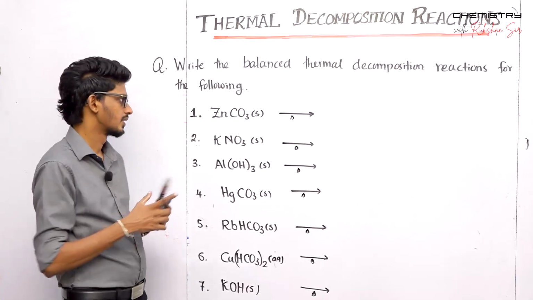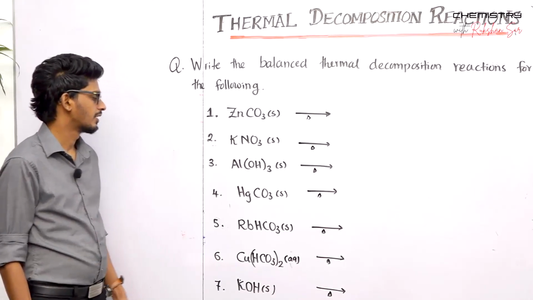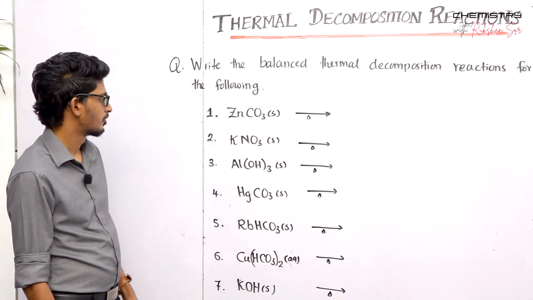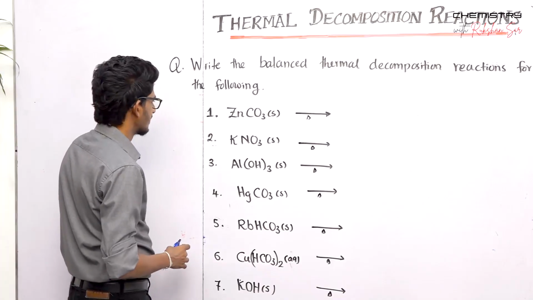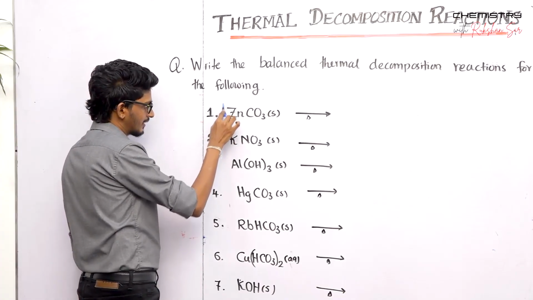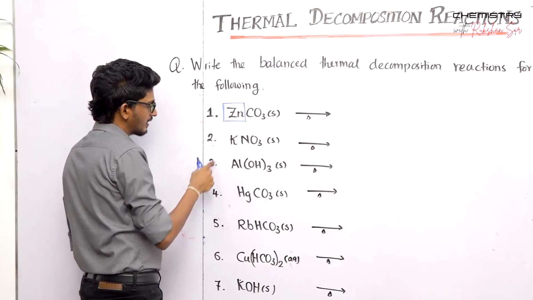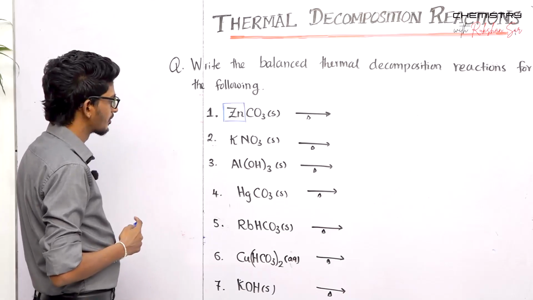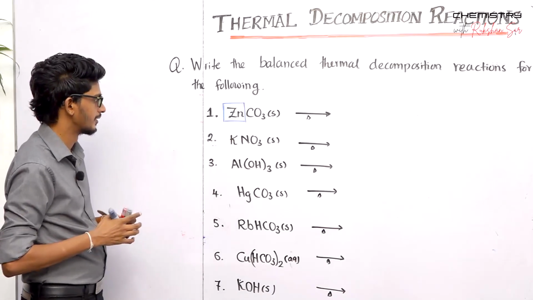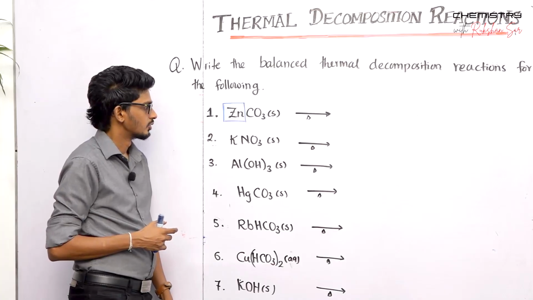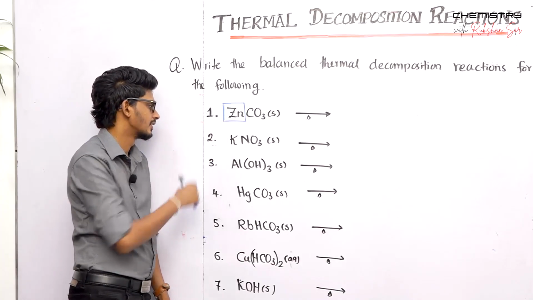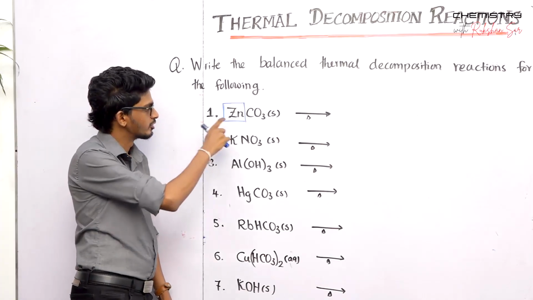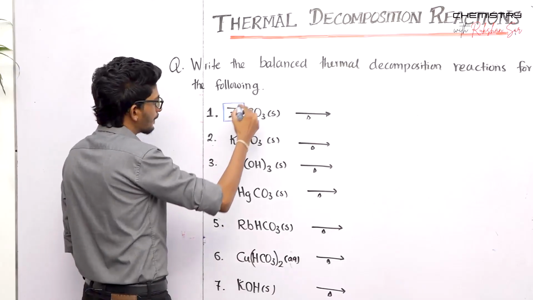Okay, let's try to do one by one. Zinc carbonate. First of all, just see with which category the zinc comes. Zinc belongs to the moderately active metals. It is not coming from the active 4, sodium, potassium, rubidium, and cesium. It is not coming under the inert 4, mercury, silver, platinum, gold. So it should be a moderately active metal.